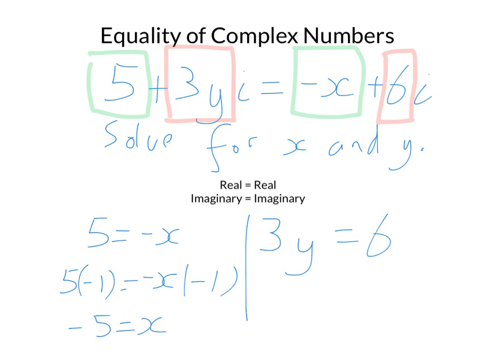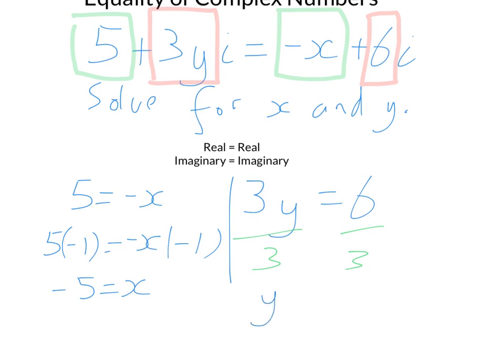On the right hand side, to get y by itself, we can divide both sides by 3. So when we divide 3y by 3, we're just left with y. When we divide 6 by 3, we're just left with 2. So we find out that x is equal to minus 5, and that y is equal to 2.